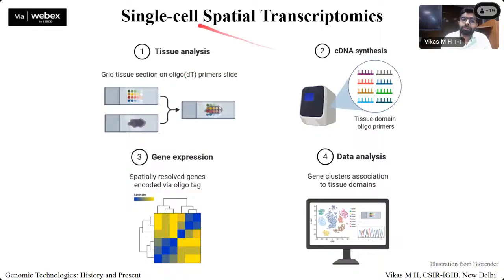One more application of this single cell technology is that you will be able to check for the spatial arrangement or spatial distribution of these gene expressions as well. When you take a particular tissue, there are grids which are designed.